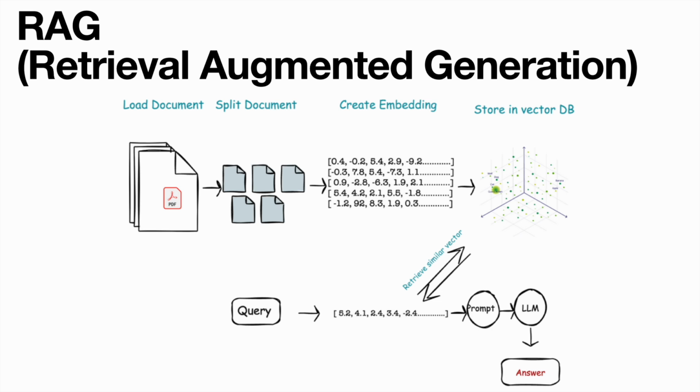After we retrieve them, we create a prompt that contains the query and the retrieved similar vectors from the database, and pass that to the LLM. So the LLM will have the context now, and it will generate an answer. So this is the whole flow of RAG.